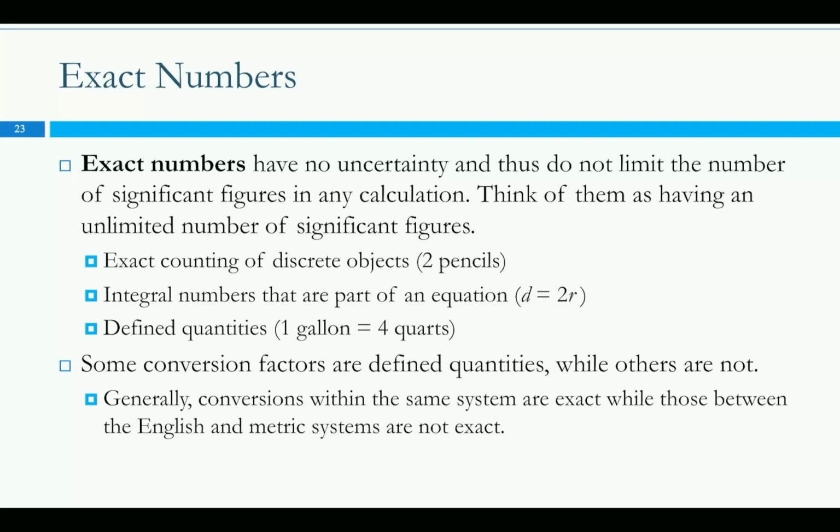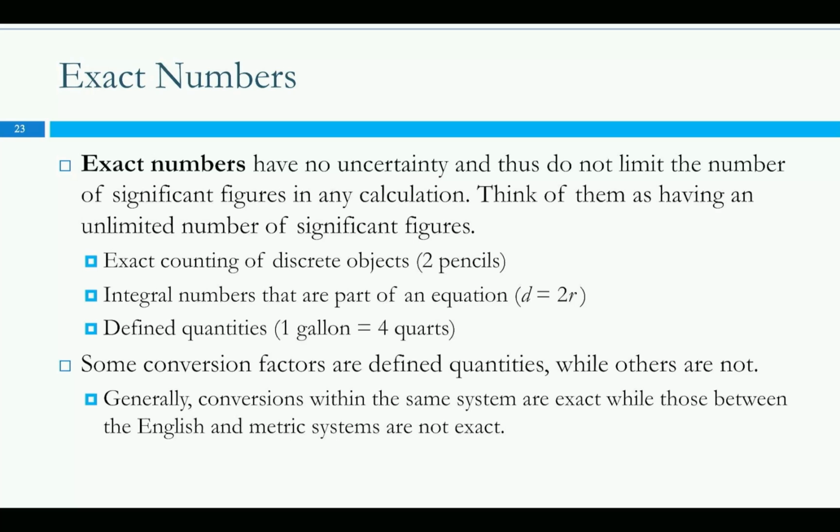So counting pencils, another example of exact numbers are integral numbers that are part of an equation. So if you're calculating diameter from the radius, that 2 means that the diameter is exactly 2 times longer than the radius. And for certain defined quantities, like if you're converting, we're talking about the relationship between 1 gallon and 4 quarts, there are exactly 4 quarts in 1 gallon.